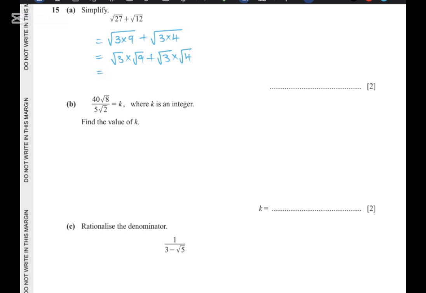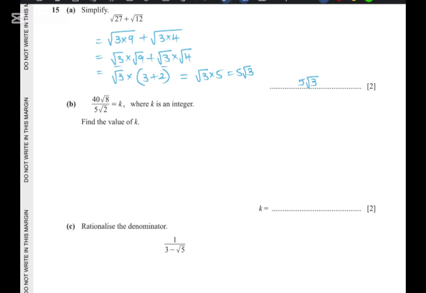Here you keep root 3 as it is and take root 3 common, because we have root 3 in both, into root 9 is 3 and root 4 is 2. So this will be root 3 into 5, which is 5 root 3. So this is the simplification for this question from surds.